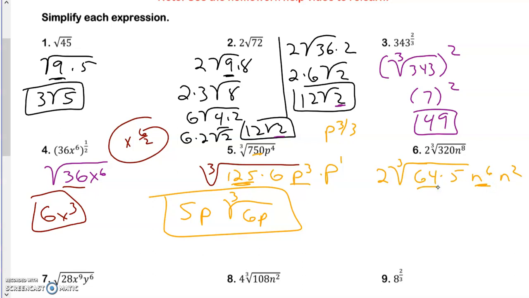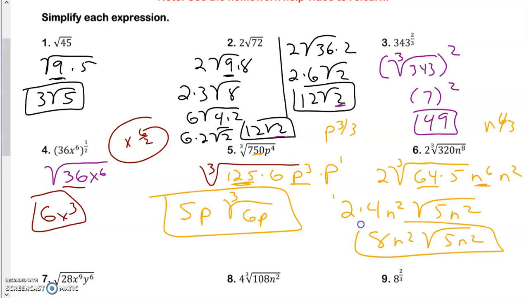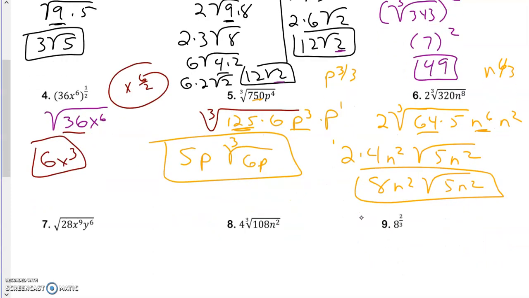The cube root of 64 is 4, so 2 times 4. And then this is what I'm thinking, 6 divided by 3 is n to the second. And then I'm going to get 5n to the second. Oh, and I got to do 2 times 4, so it's 8 cube root of 5n to the second.